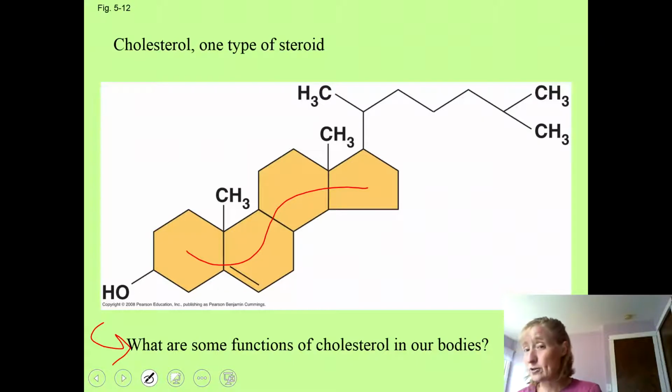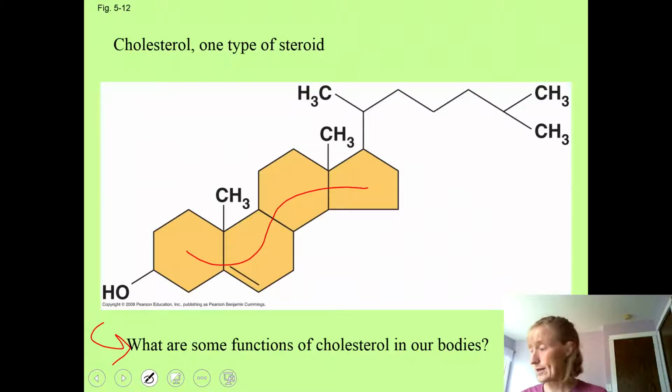It's a precursor, so this molecule can be used to make other molecules. It's a precursor for steroid hormones like estradiol and testosterone.